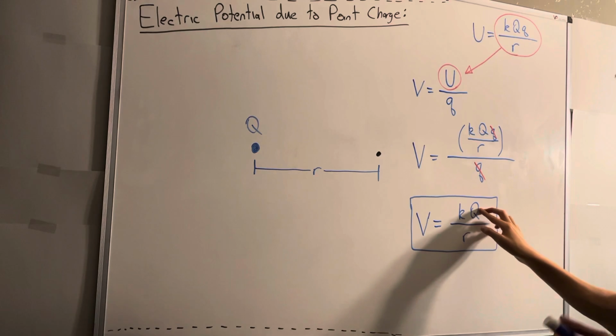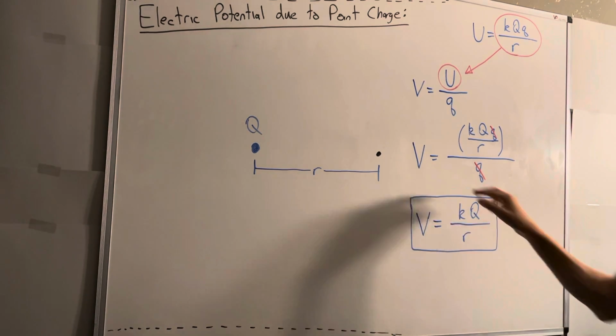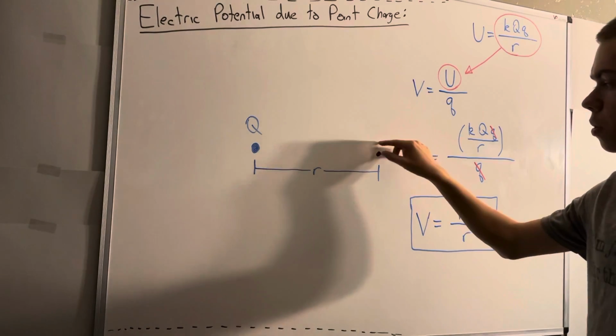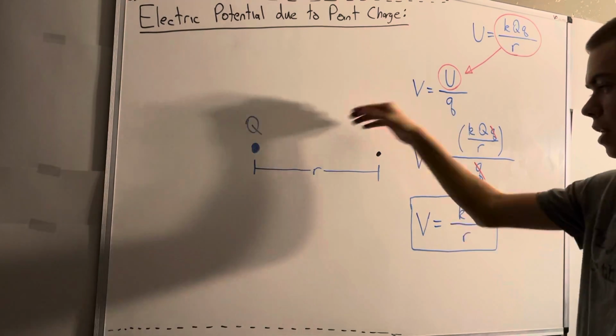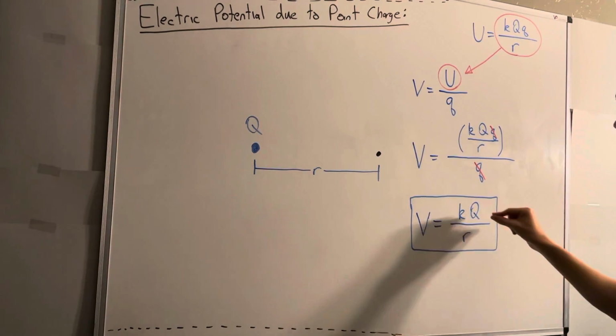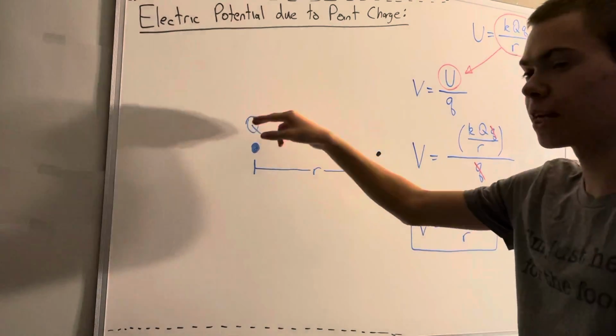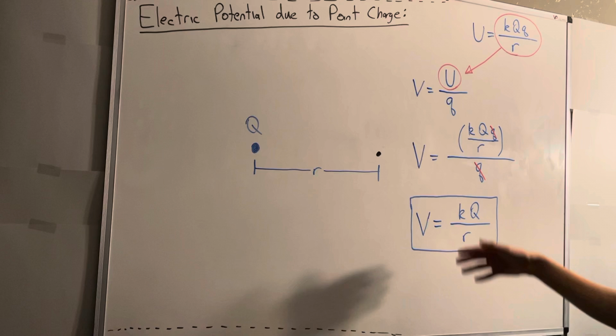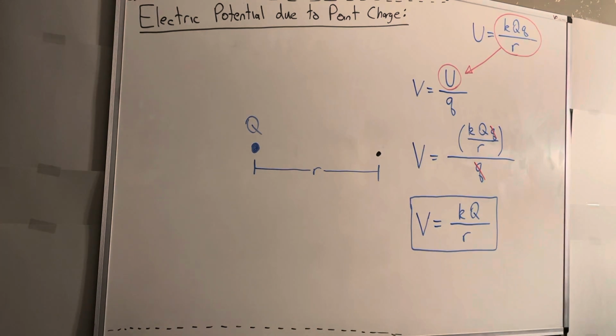So if our point charge here is positive, then our electric potential at this point, or any point, would be positive. And if our charge is negative, then electric potential would have to be negative. And so that's the idea. This is basically what electric potential is due to a point charge, and that's pretty much it.